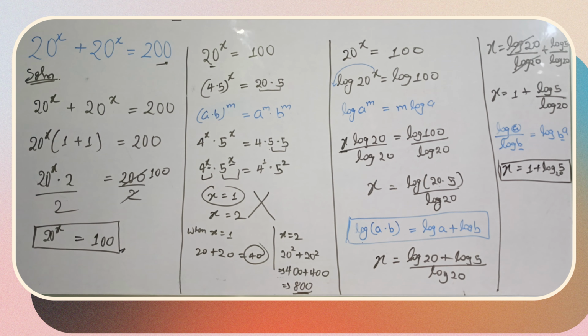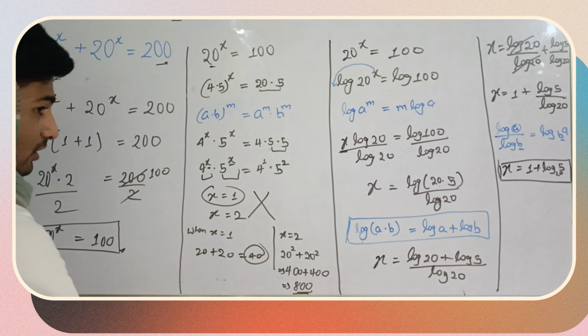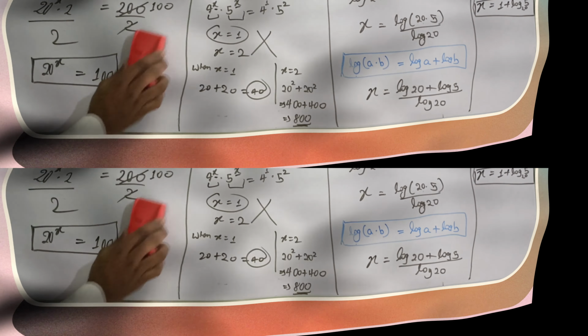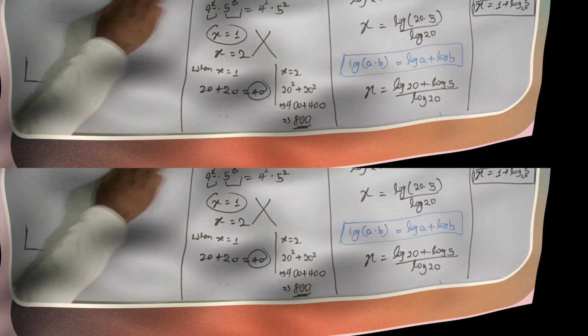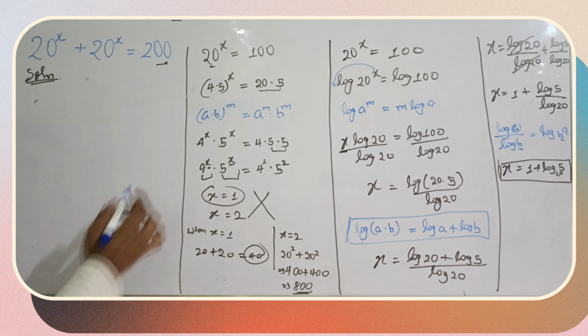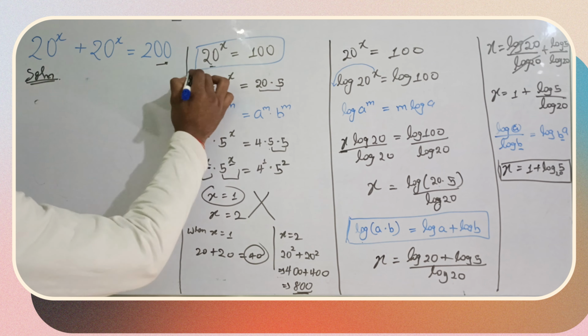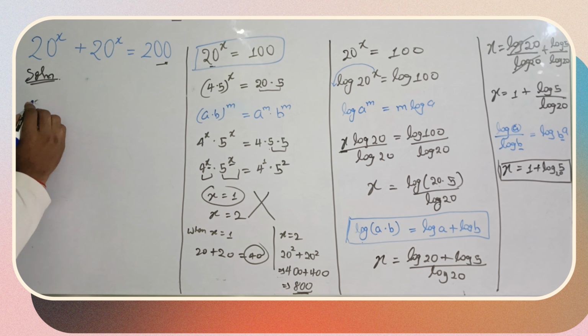Now we want to check whether this solution that we have got is correct or not. Our simplified form was 20 raised to the power x is equal to 100. So we are going to put the value of x here.